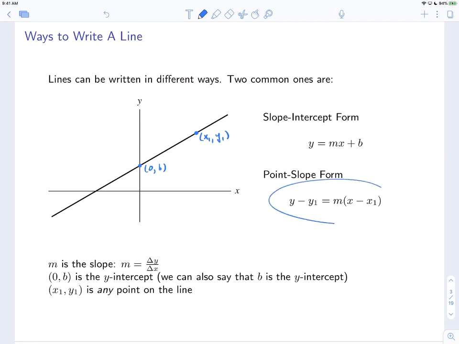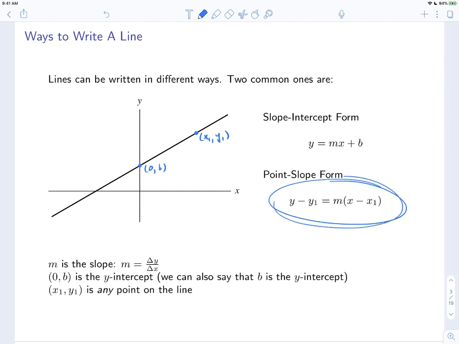And point-slope form will be written as y minus y1 equals m times x minus x1. That means, since you can pick any point, that you might get a lot of different equations that look different, but actually describe the same line. And if you write them in slope-intercept form, which basically means solving for y, you'll always get the same thing.